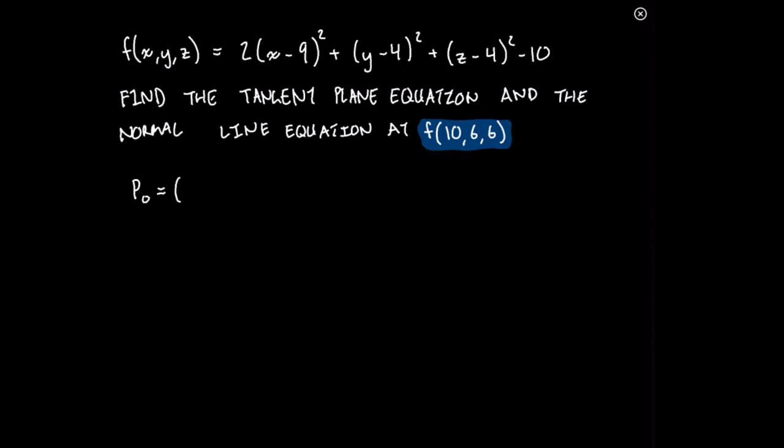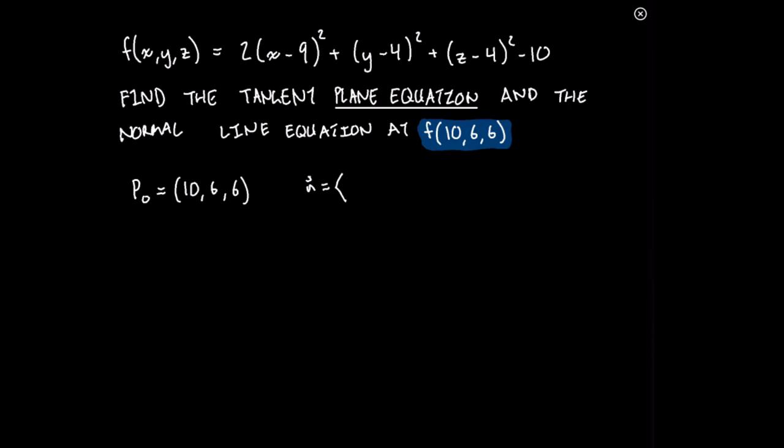P naught is equal to 10, 6, 6. And to find the plane equation, the only other thing that we need is n, the normal vector. And what is that equal to? Well, we're not given that, so we're going to have to figure out how to evaluate that.